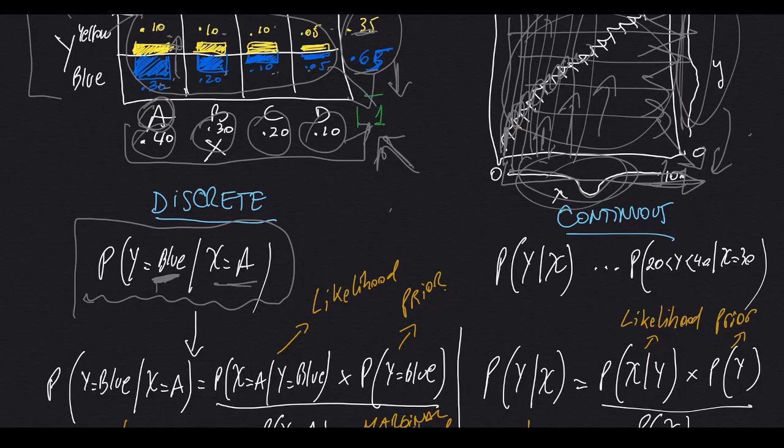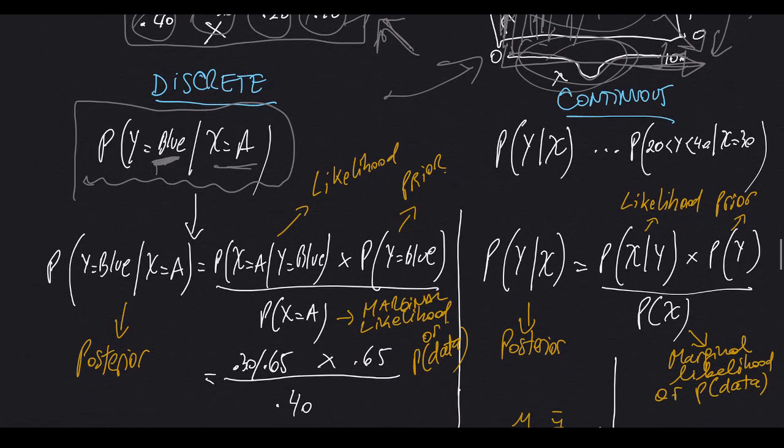So we do it very easily, but how do we do it in the continuous space? Well, we cannot do it in the same way. But let's examine the Bayes theorem. We can use the Bayes theorem to approximate that calculation.